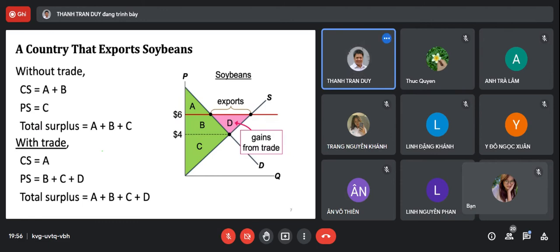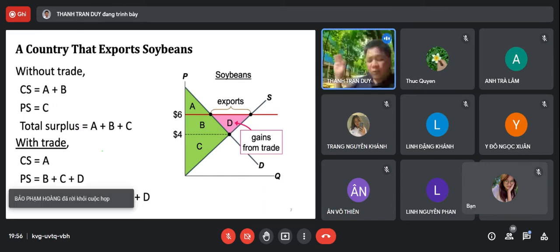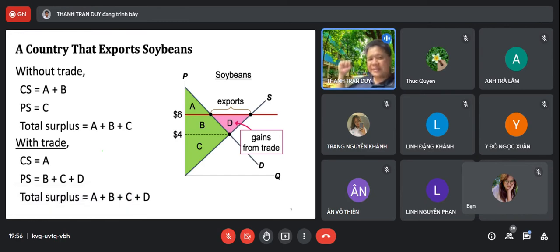So in reality, do we have any product like this? Have you ever been in such a situation? Did you consume any product, and then when we export too much, local consumers have to pay a higher price?